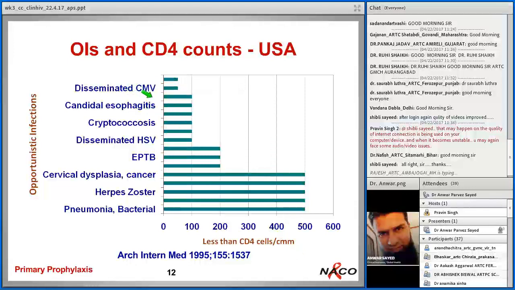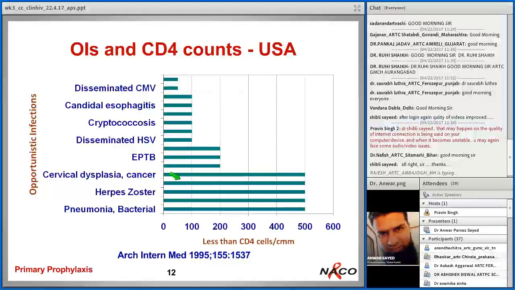If CD4 drops below 50, there is a risk of disseminated CMV, and if it is dropping below 100, you may see candidial esophagitis, cryptococcosis, disseminated HSV, that is herpes simplex virus. Below 200, you will have all these in addition to extrapulmonary tuberculosis.